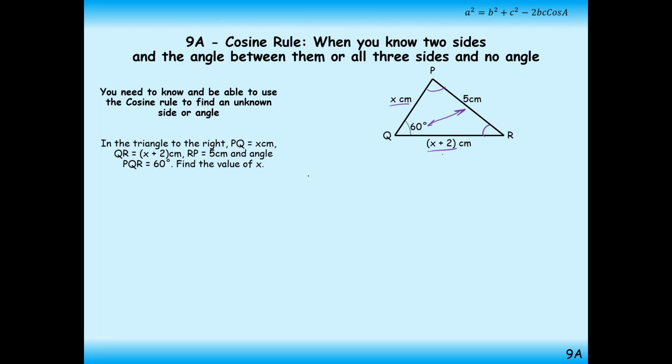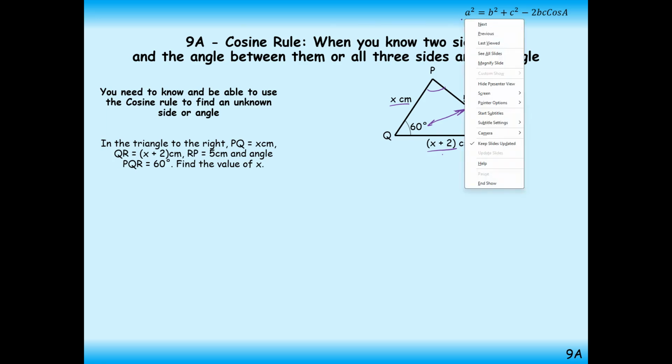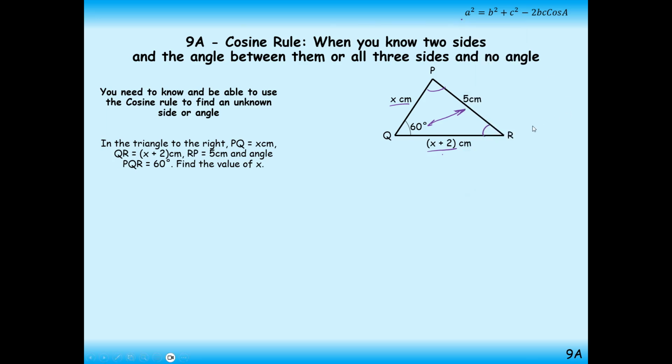So you're going to write that cosine rule and just substitute the values into it. Let's label 5 as little a, and these two sides being b and c. So little a is going to be 5. We're going to have 5 squared equals x squared plus (x plus 2) squared minus 2 lots of x times (x plus 2) cos of 60.